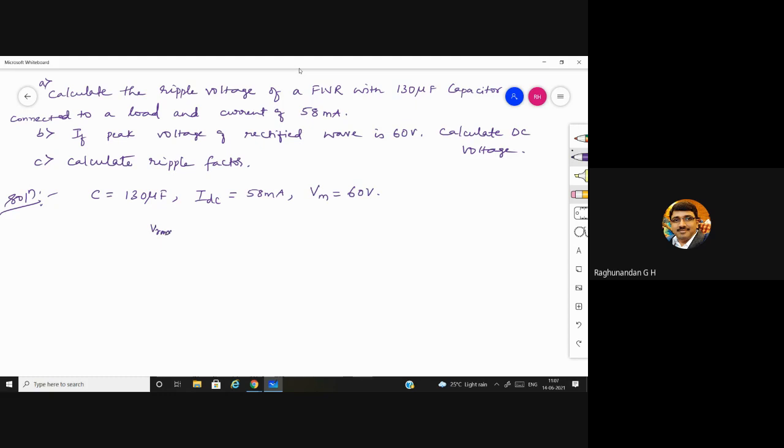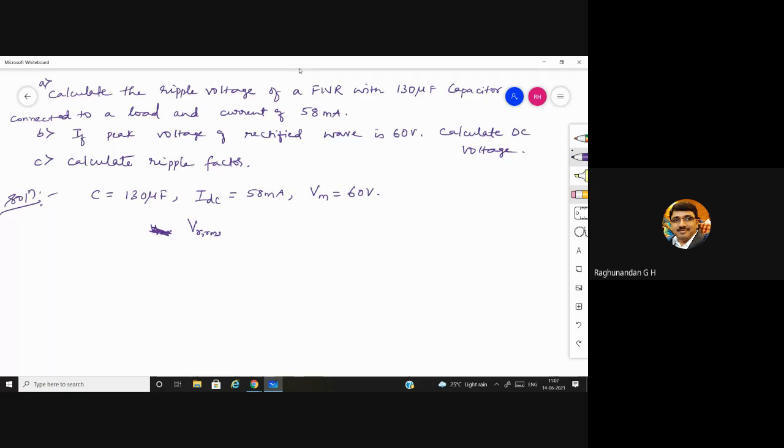You should remember that it is the RMS with respect to the ripple. And also we need to find the ripple factor, how much percentage it is.